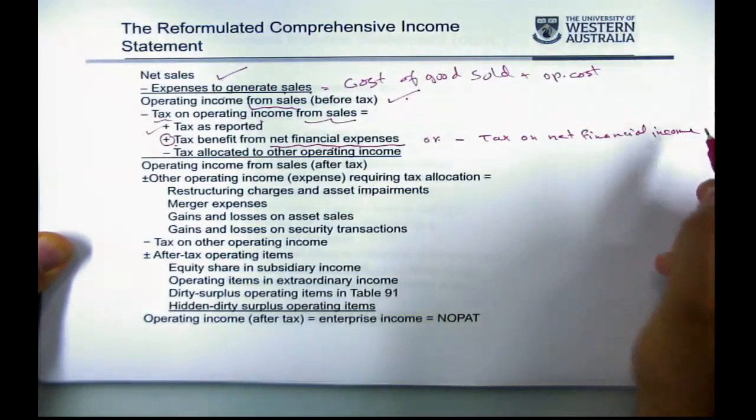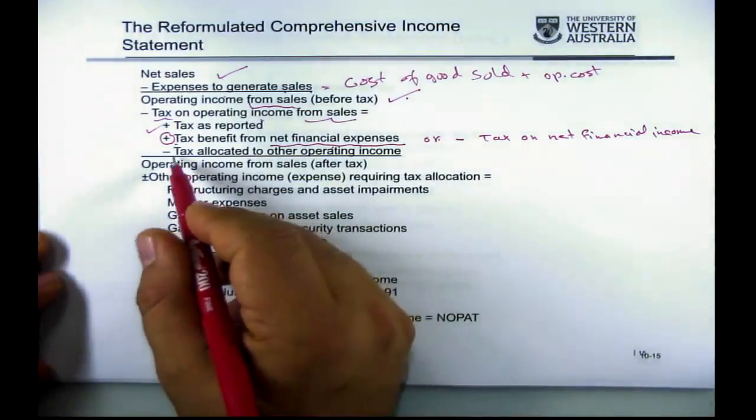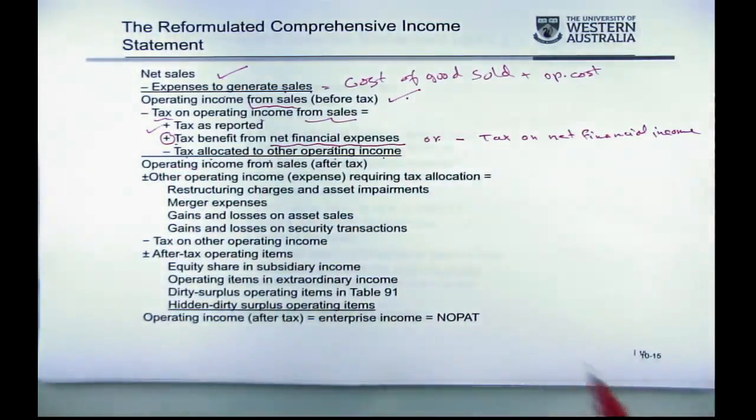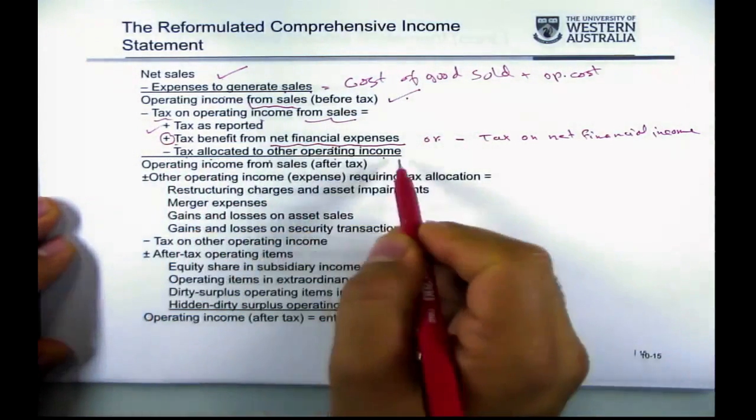It depends on whether we have net financial expense or net financial income. And we subtract the tax allocated to other operating income from sources other than sales. Make sense? In this case, this is the tax on other operating income.